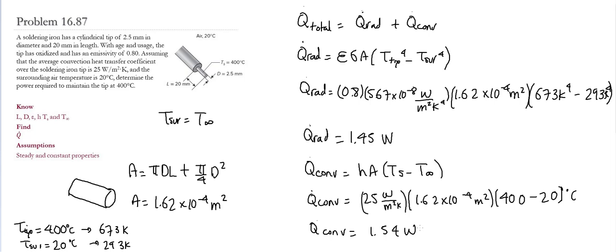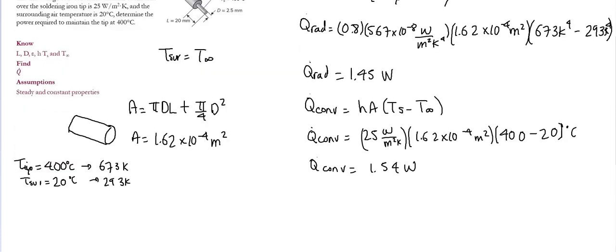Notice that the order of magnitude for radiation and convection are very close to each other, and that means that we cannot neglect either of the two modes in this particular problem. So the final value is the summation of these two. So Q total is going to be 1.45 plus 1.54, which gives us 2.99 watts.